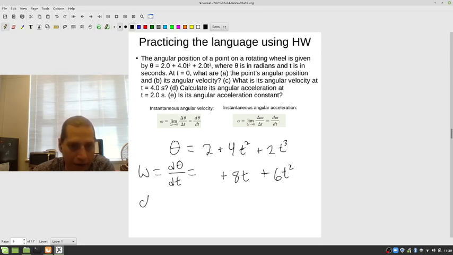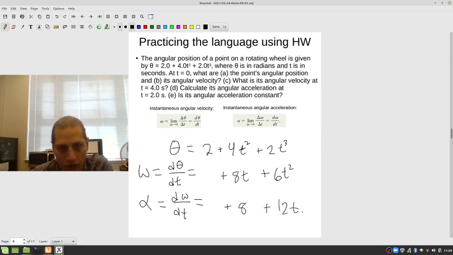And if I want to find my angular acceleration, it would be d omega dt. So I'm going to take the derivative of this with respect to time. That would be 8 plus 12t.